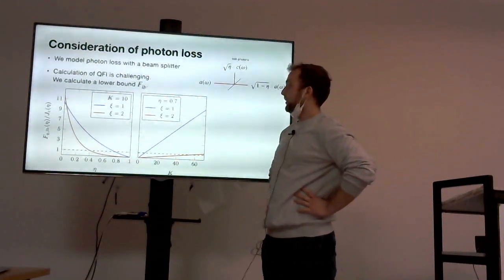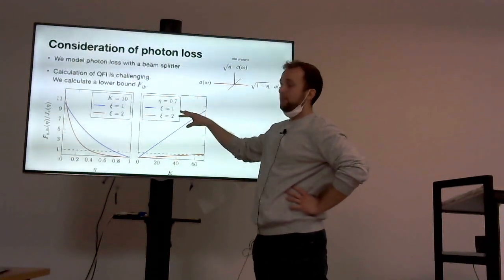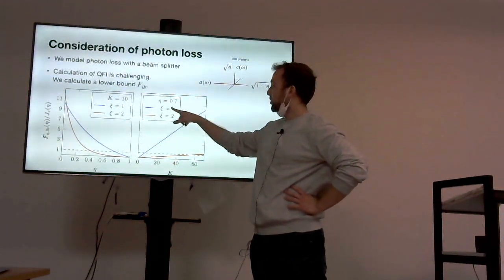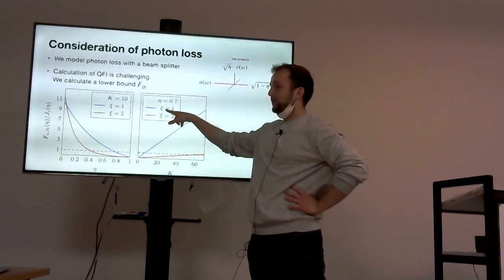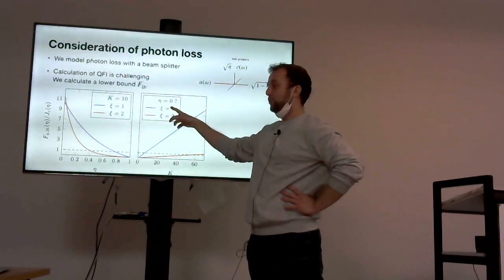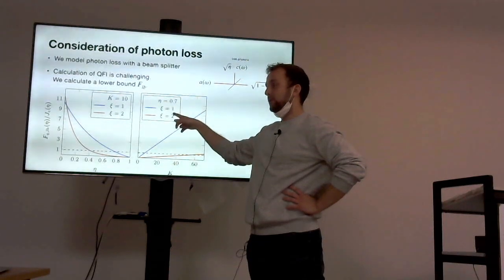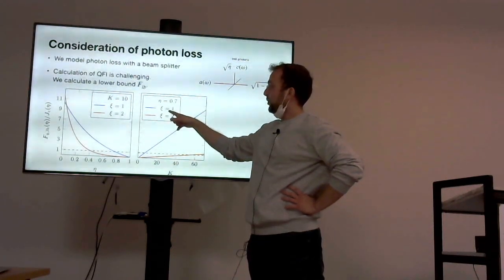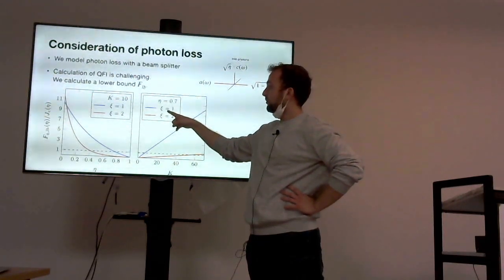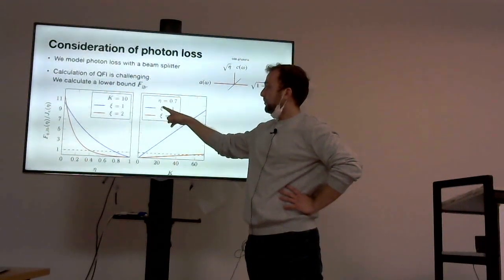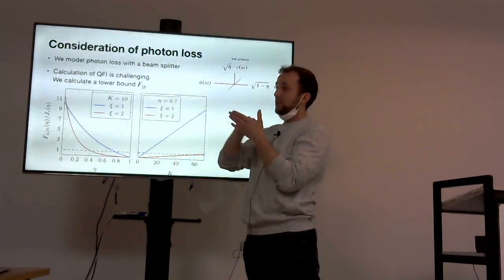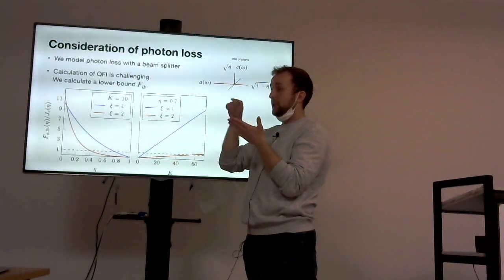Okay, I mean, in this regime, the squeezing is directly related to the number of photons. So the number of photons is given by chi squared.